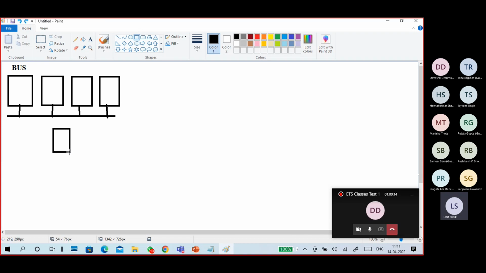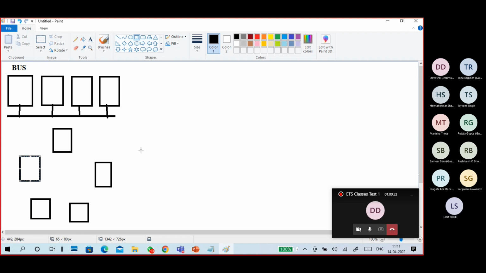Next one, I have devices. To avoid that problem, someone built this type of thing.